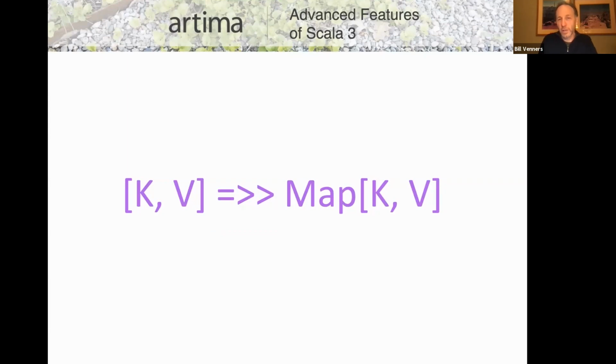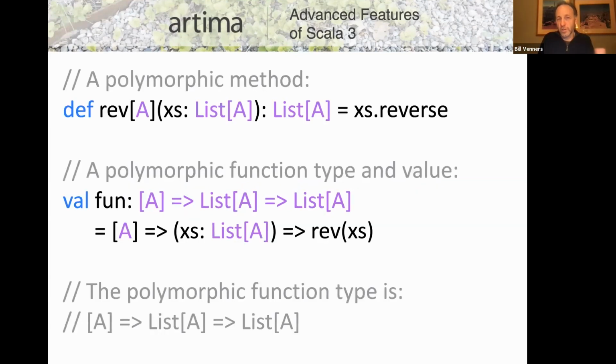So the double arrowhead means type lambda. I've got some types in square brackets, and then a double arrowhead, I've got a type lambda. What's over to the right-hand side doesn't have to be a function type. And down here, I have the single arrowhead, and what's to the right of it has got to be a function type, because that's a polymorphic function type and value. Okay, so that's one. There may be questions about that, but we can talk about that.